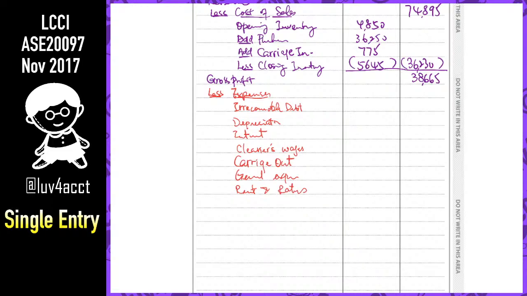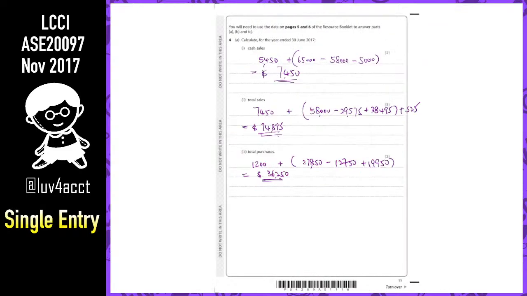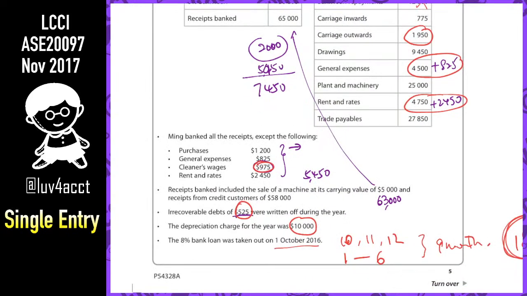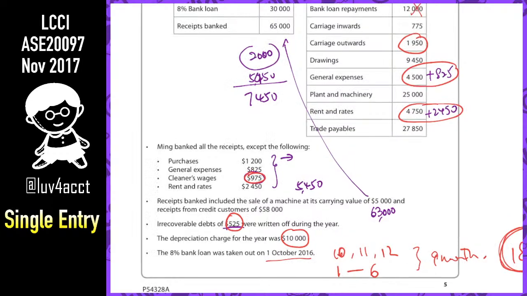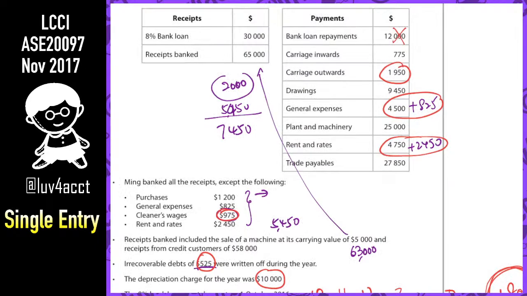Let me fill in the things that I remember. 10,000 for depreciation given to you directly, 1,800 for interest. Irrecoverable debt, I don't remember. Let us check. Irrecoverable debt 525, cleaners' wages 975, and carriage out 1950.